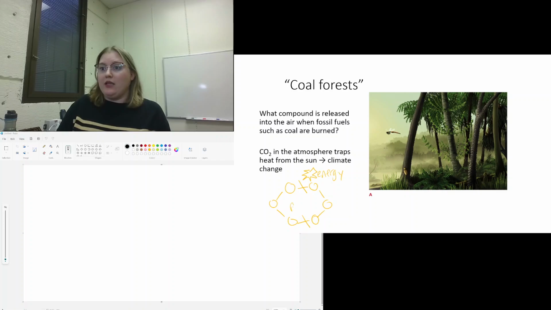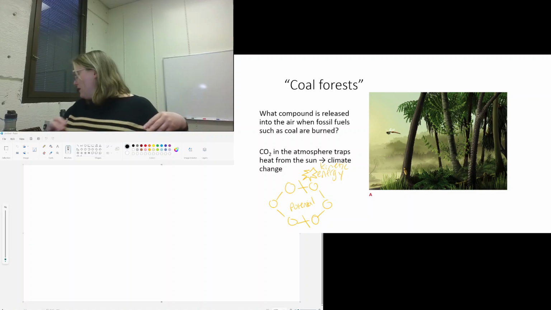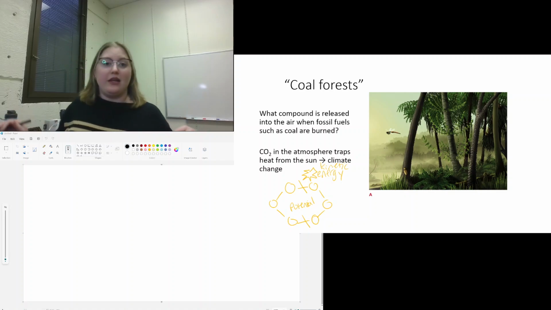So we are taking this from potential to kinetic, okay? And that's what we use to power our cars, our electricity, our heaters, things like that. So potential energy from carbons gets changed into kinetic energy.